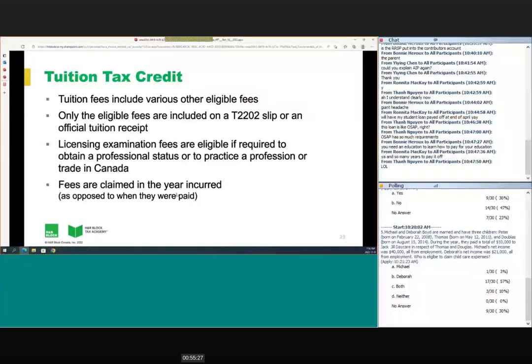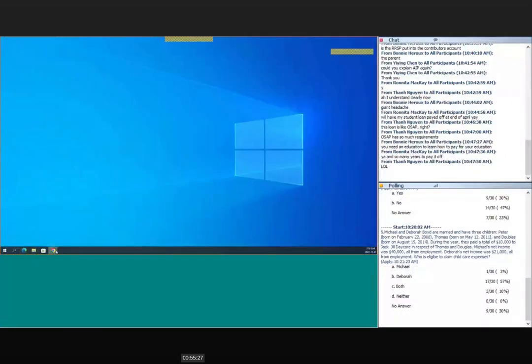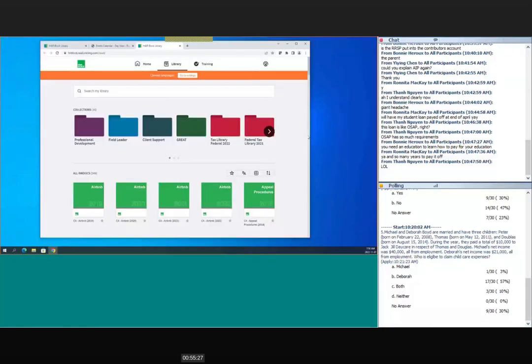I'm going to go to the textbook now, just a moment here. Let me go to the textbook. I brought up the textbook. Let's see if it's here. Nope, we have to do it again. Just a moment here. I thought the textbook had a very good example of tuition fees. So here we go.